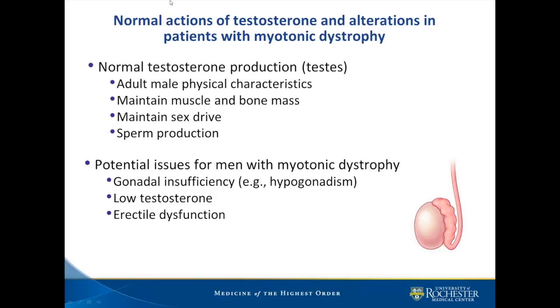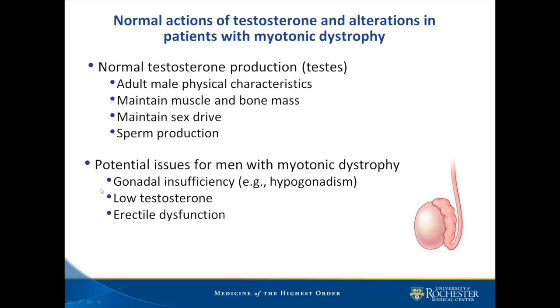And it impacts testosterone and causes alterations in the way shown in this slide. Normally, testosterone controls adult male physical characteristics, muscle mass, bone mass, sex drive, and sperm production.